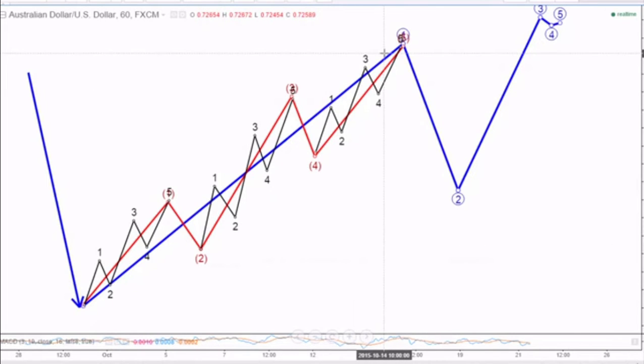We're looking at a daily chart. The red would be the hourly chart. The black would be the 15-minute chart. So to go from 0 to 1 on the primary, the intermediate would be 0 to 1, and the minor would be 0 to 1. You see that? We always have to look at things in waves.